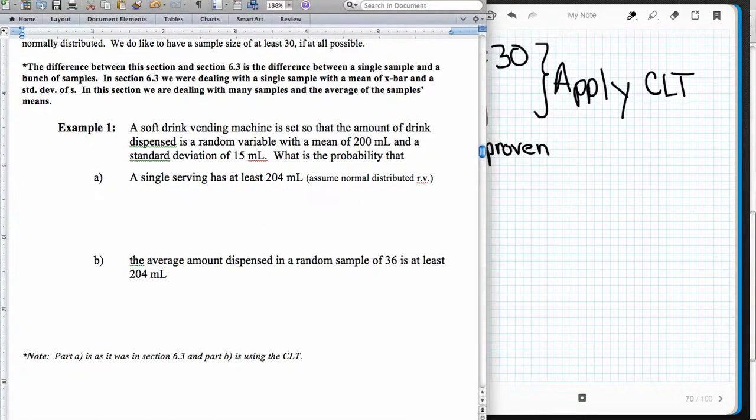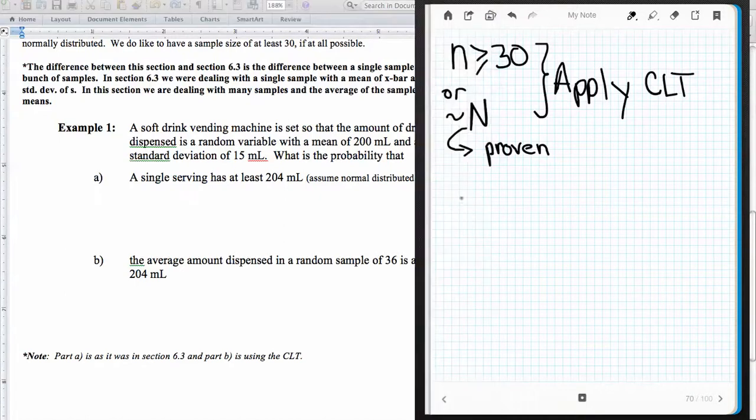So a soft drink vending machine is set so that the amount of drink dispensed is a random variable with a mean of 200 milliliters and a standard deviation of 15 milliliters. So in other words, X is normally distributed with a mean of 200 and a standard deviation of 15. And because it's normally distributed, this is satisfied, and we know we can apply the central limit theorem.